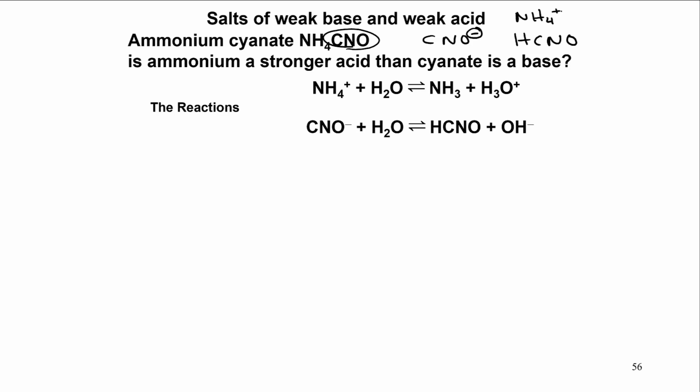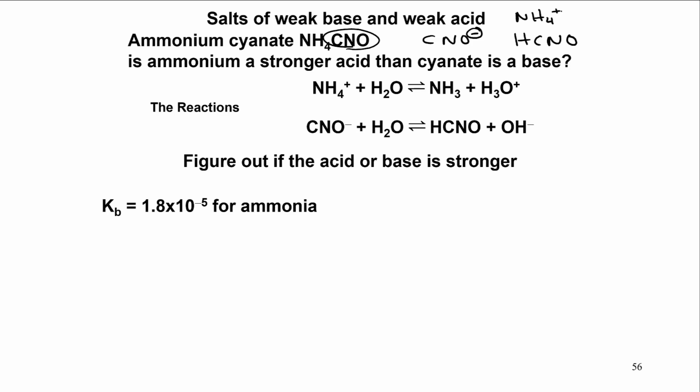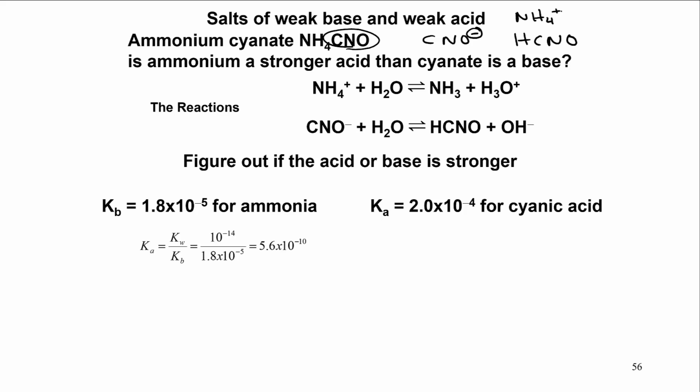And so I'm just going to step you through this. I sort of did all the work. We're going to figure out which is stronger, acid or base, and whichever one's stronger determines which reaction will dominate in the equilibrium and whether the solution will be more acidic or more basic. So I looked up the Kb for ammonia, and then I looked up the Ka for cyanic acid, and then I calculated for the ammonium the Ka value, and that's just Kw divided by Kb.